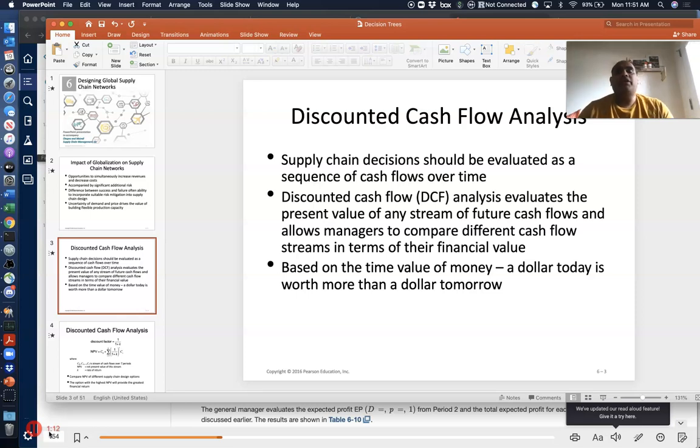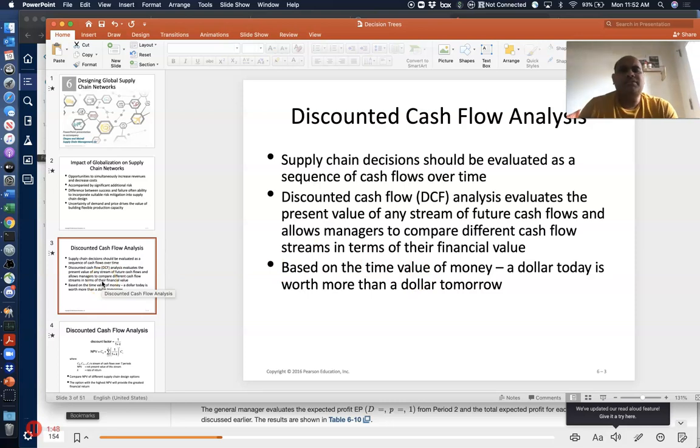So when you're making a decision right now and you're evaluating it based upon money that you're either making or spending 2 years down the line, you need to discount the cash flow properly, because $1 today is worth more than $1 next year, and usually that is represented by a rate of interest and depreciation and inflation. There are so many other things that go into it, but having a dollar right now is worth more than having a dollar 1 year in the future. That's the idea of discounted cash flows.